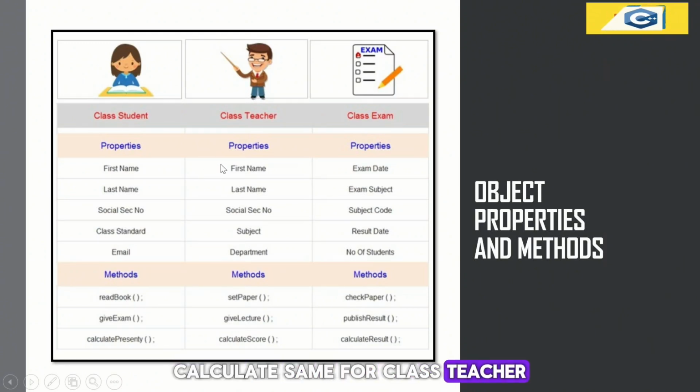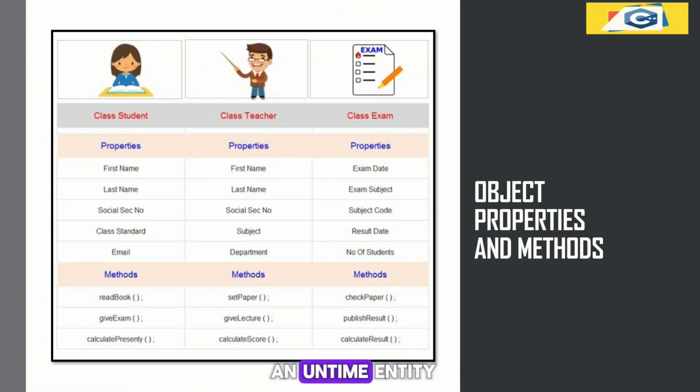Same for class teacher. We have some set of properties, some set of methods or functions. We have a class exam with some set of properties and a set of functions. So an object is a runtime entity which is useful for executing the member functions of the class.